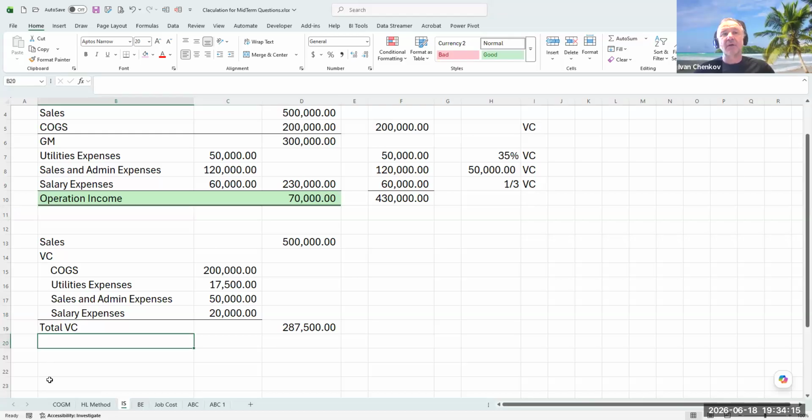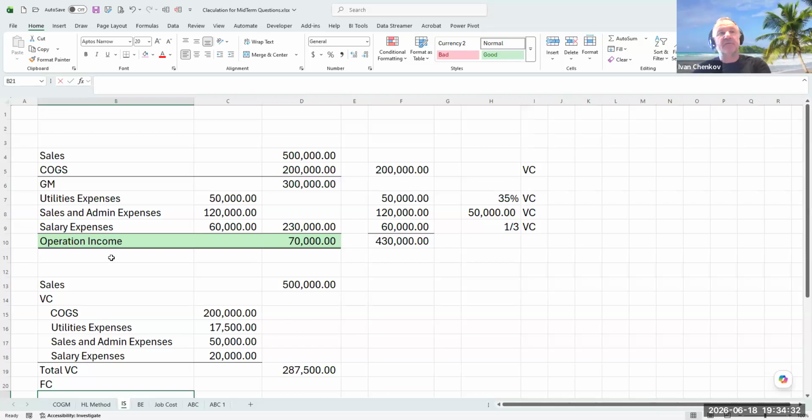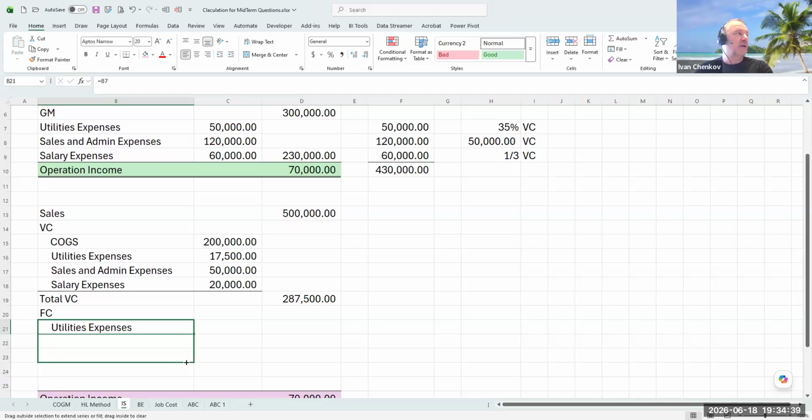Then I'm gonna calculate the fixed cost. For the fixed cost, I'm gonna have the same. First, I'm gonna have this utility expenses, then the sales administrative expenses, and then the salary expenses.